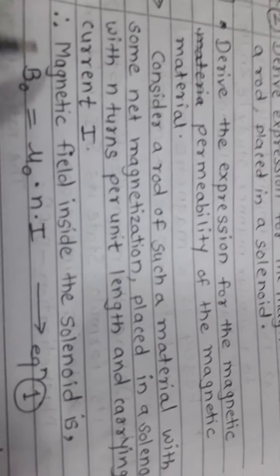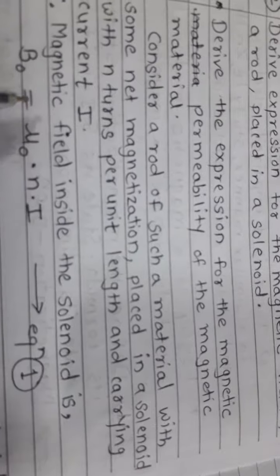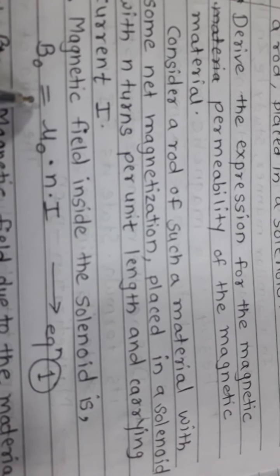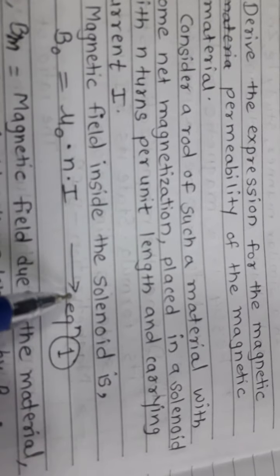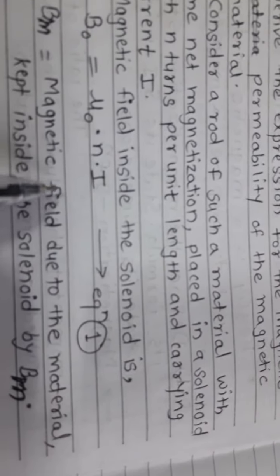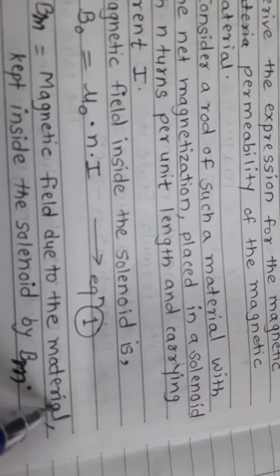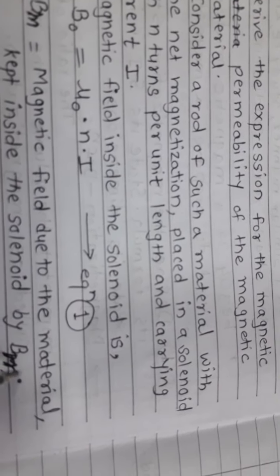Now therefore, the magnetic field inside the solenoid is B0 is equal to mu 0 into n into I. Equation number 1. Now Bm is equal to the magnetic field due to the material kept inside the solenoid.